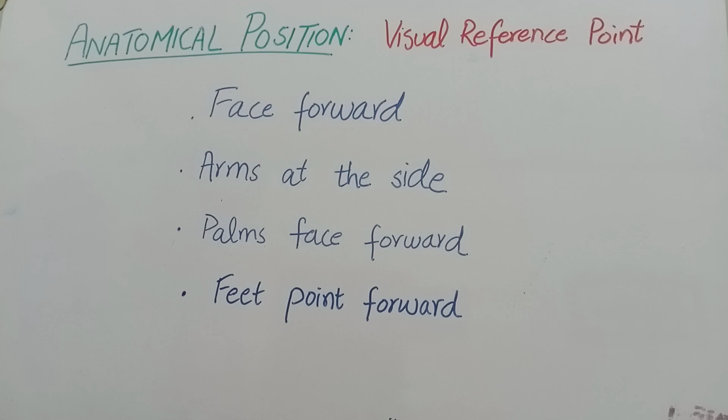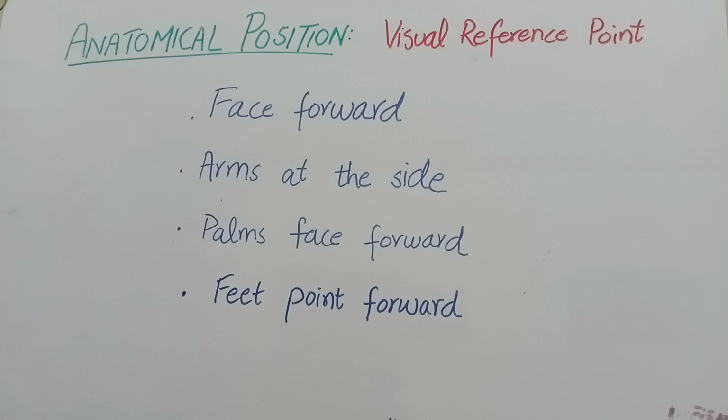In the anatomical position, the human is standing erect, meaning the eyes are looking forward to the front, the face directed forward to the horizon, the arms hanging by the sides, palms of the hand facing forward, and the toes facing forward but away from each other.